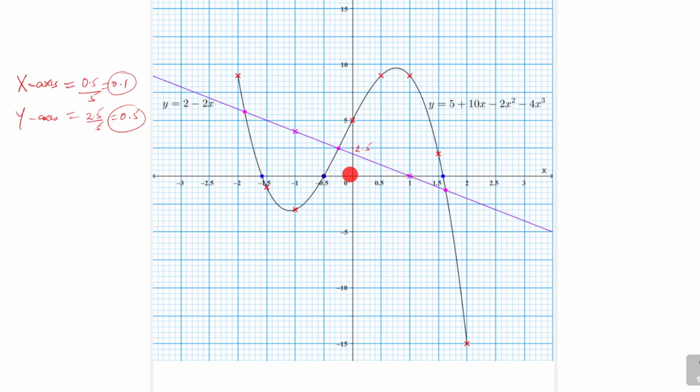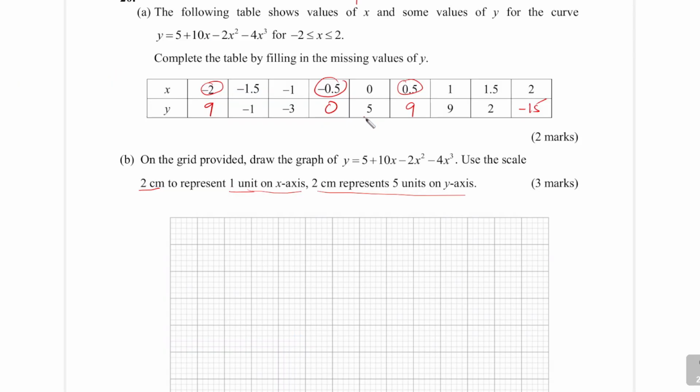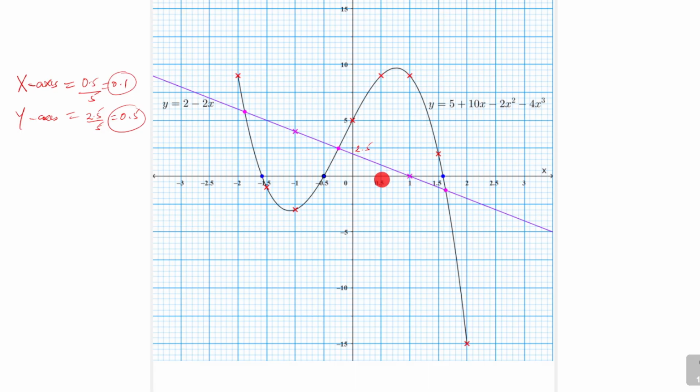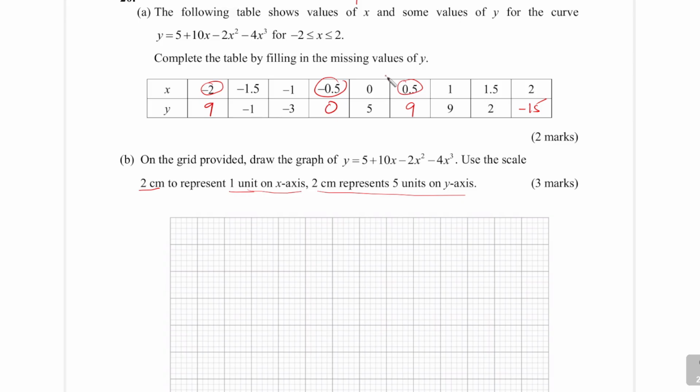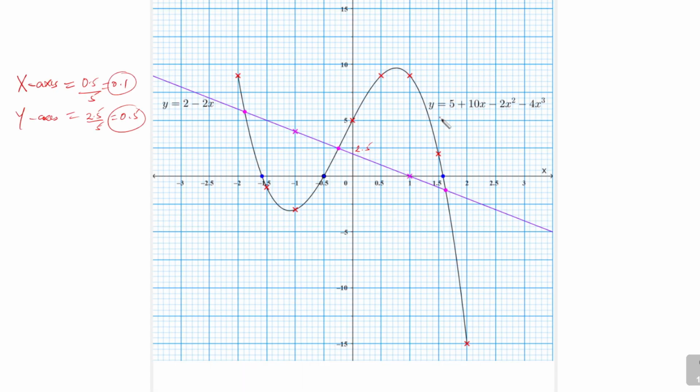When x is 0, y is 5. There is the point. Then 0.5, 9. 0.5 is here, 9 is here. This is the point. Then 1, 9. When x is 1, y is 9.